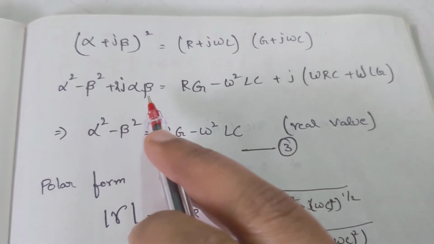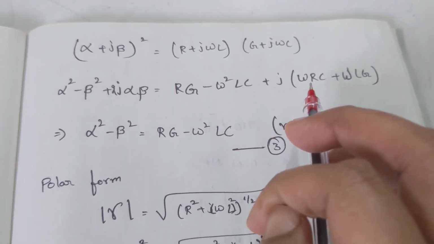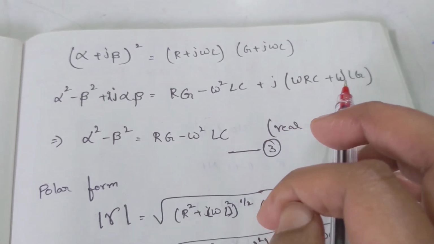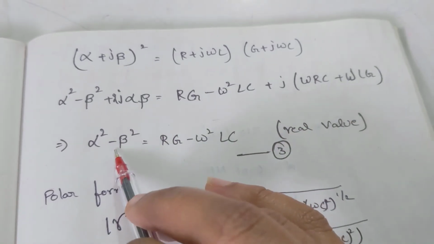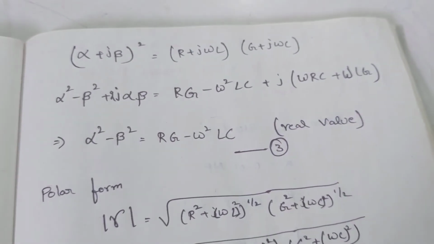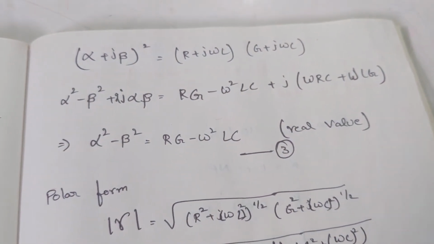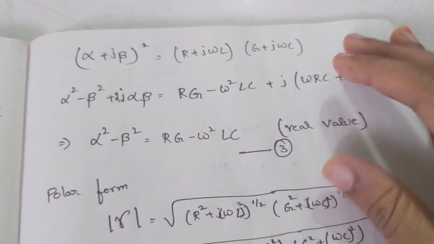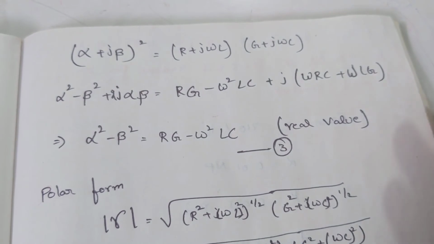You may consider the alpha beta value also as omega RC plus omega LG divided by 2. But if I want to go further, I need to solve alpha square plus beta square for my further calculations. Instead of that, leave this one up to here by considering the real value.